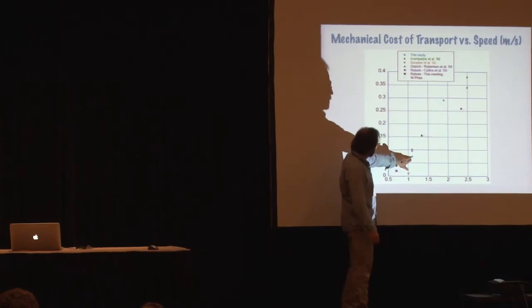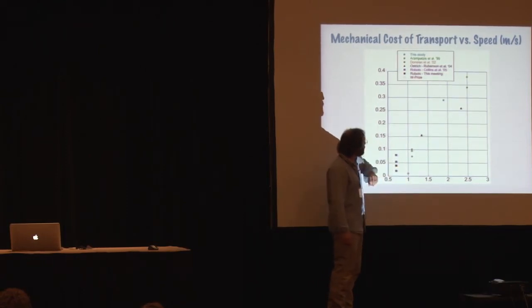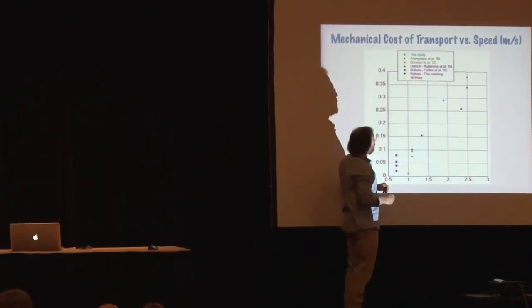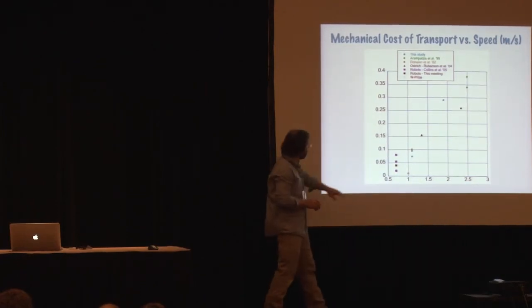This study, if we don't consider individual limbs, walking with individual limbs, Donelan and others walking, so those agree nicely. Here's our running. We have here ostrich walking and running, fast running from Ramsden's humans in green there.